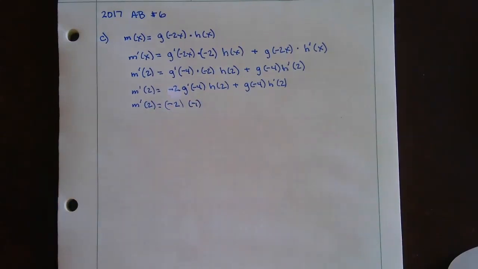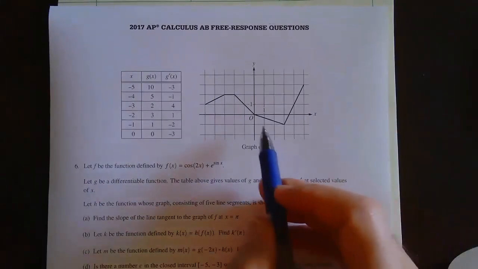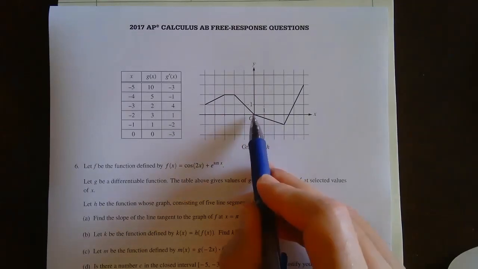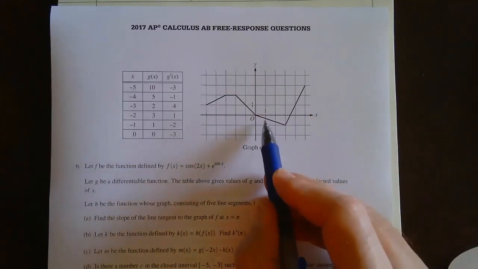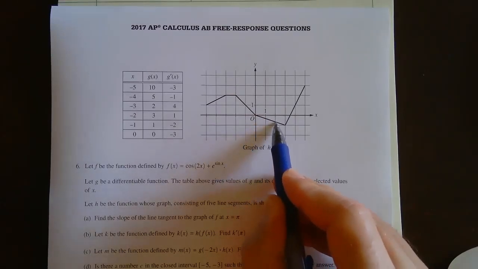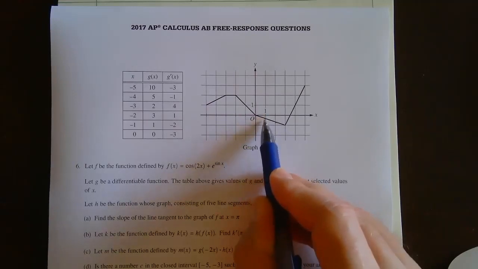Now we have to find h of 2. So we have to go to our graph, okay? So we know, right here, this point is 0, 0, and we know we go down 1/3, right? So this is -1/3 right here, and this would be -2/3, because every one I go across, I'm going to go down 1/3.